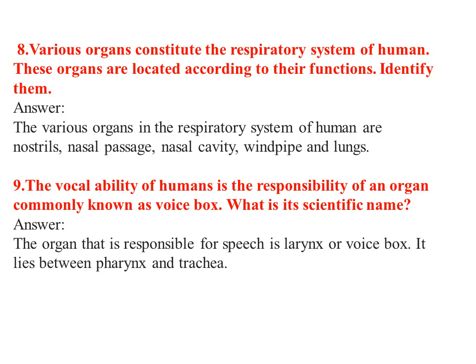Next, the vocal ability of humans is the responsibility of an organ commonly known as the voice box. What is its scientific name? It is the larynx, which lies between the pharynx and trachea. When you draw the diagram, you can easily find it.